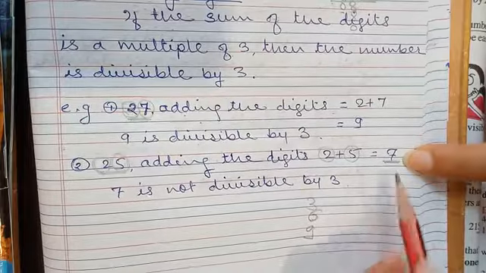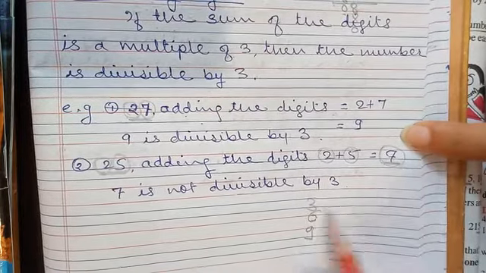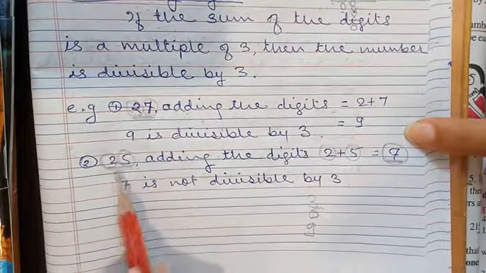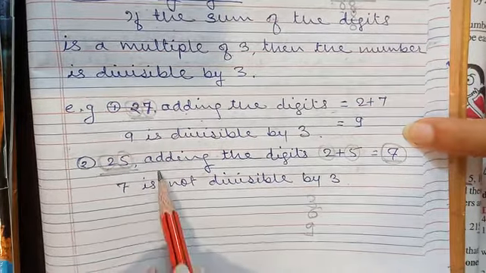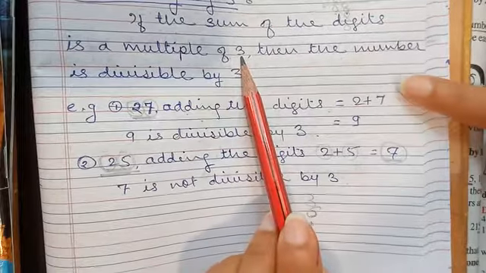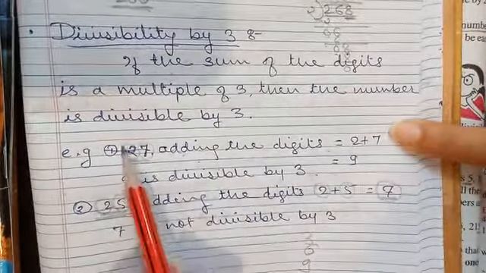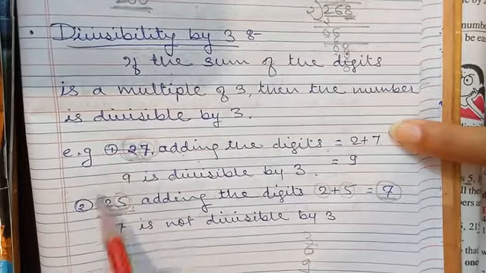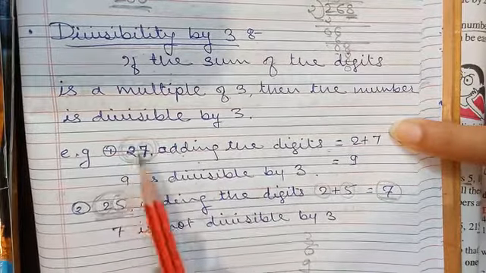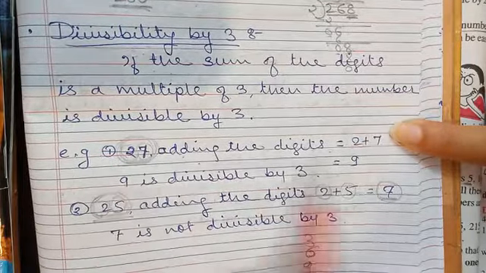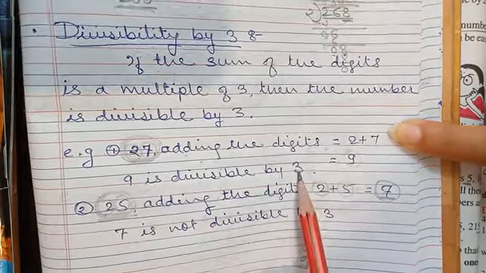So 7 is not divisible by 3. Therefore, we can say 25 is not divisible by 3. For divisibility by 3, the given numbers were 27 and 25. 27 is divisible by 3 because adding its two digits we get a number which is divisible by 3.